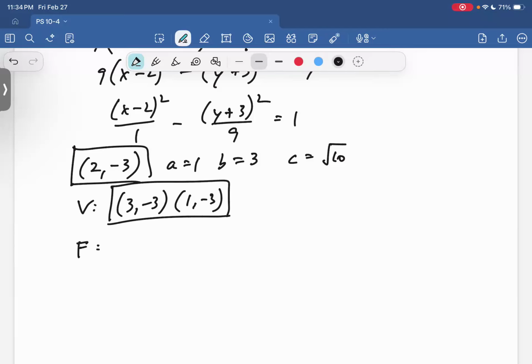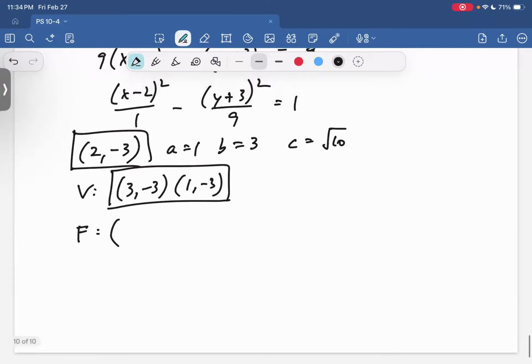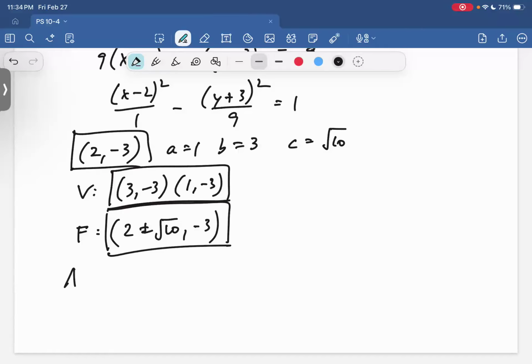My foci, I will need to add root 10. My asymptotes will be y equals k plus or minus b over a, x minus h.